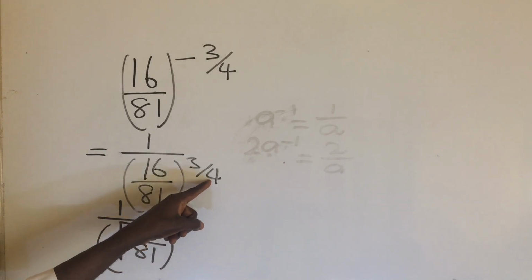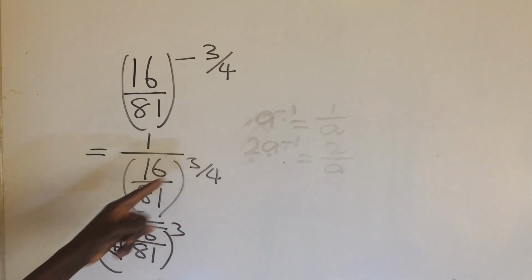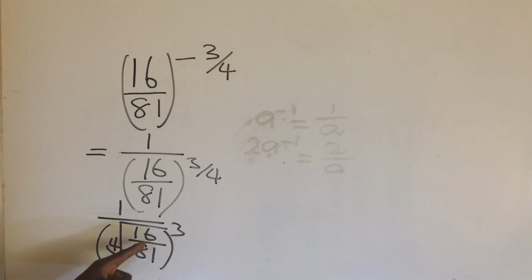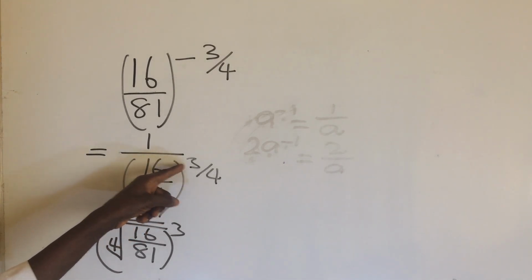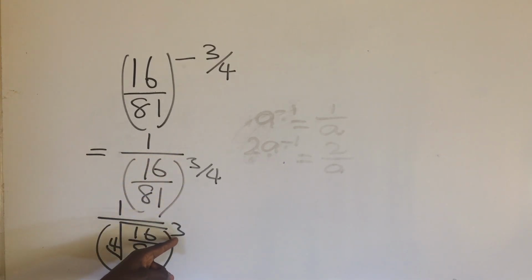If it's 2, it will be square root. If it's 3, it will be cube root. If it's 5, it will be fifth root. So it is 4, that is why it is the fourth root of 16 over 81. Then the numerator, which is on top, is this one that we raise to power 3.